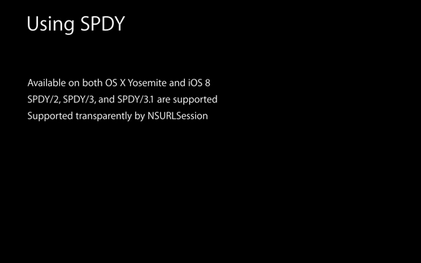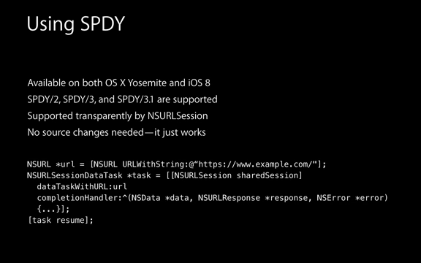Currently, that means we're going to decide if it's going to be HTTP 1.1 or SPDY and the version of SPDY that we're going to use. But this could also hold true in the future for some other protocol. So what this means for you is that no source changes are needed. It will just work.